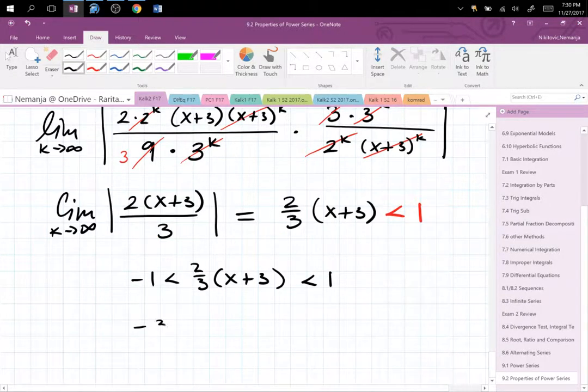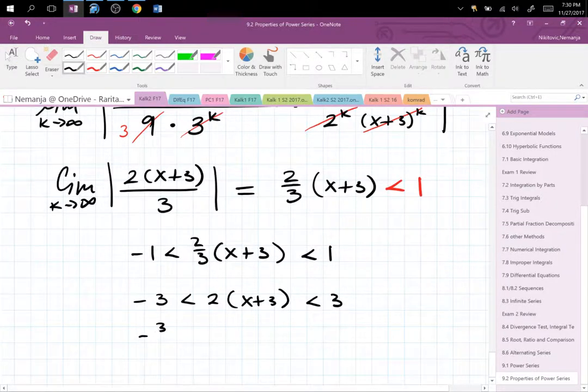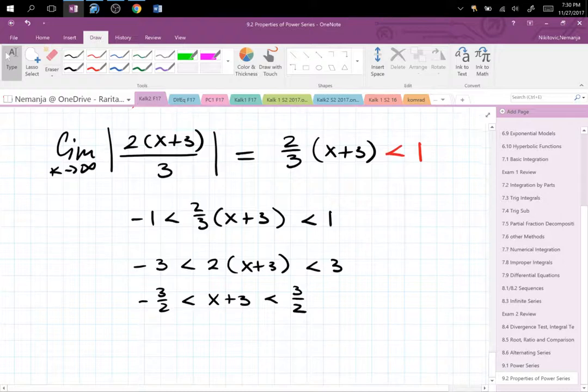Times 3 across the board. Divide by 2 across the board. Minus 3 across the board. I'll write it and then we'll calculate.